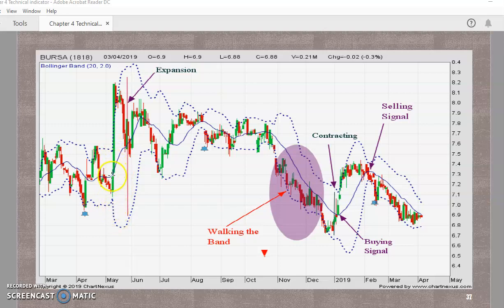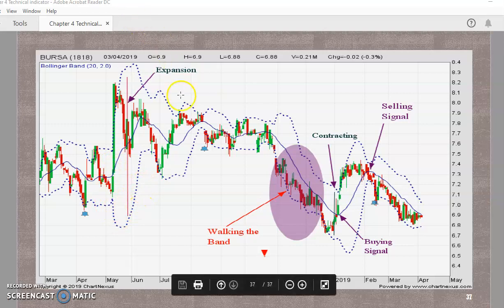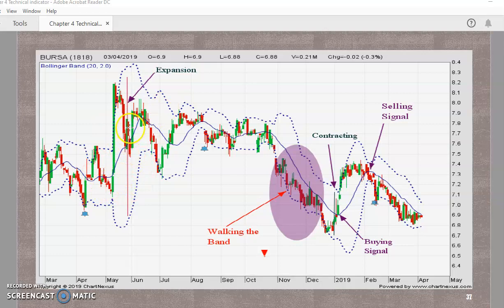Then if you buy over here, when you want to sell, it is when the band starts to contract. At this point it started to expand and then contract. Then we see that the price is crossing below the middle line, the simple moving average line, so it indicates a signal.